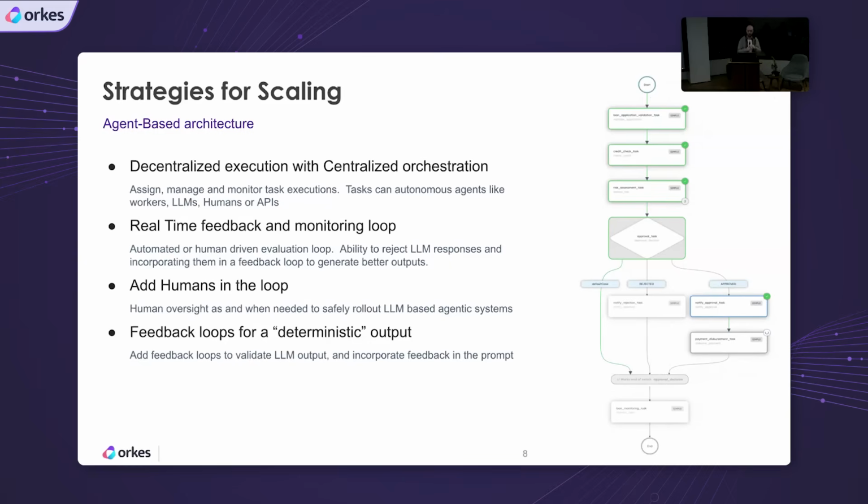Humans in the loop. AI is really cool. It's fun. But sometimes you just need to bring in a real person. And by using a workflow orchestration engine like this that gives you that human-in-the-loop capability, we're able to escalate in some cases to those people. This is particularly useful if you have some kind of approval flow.